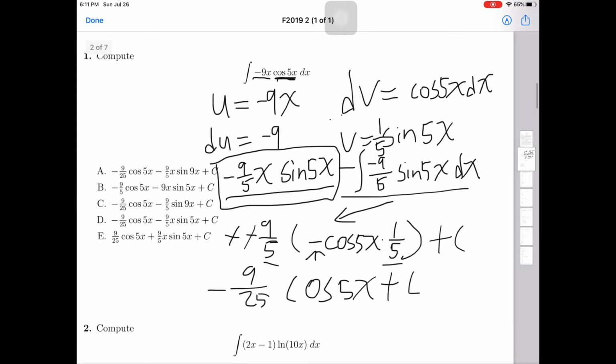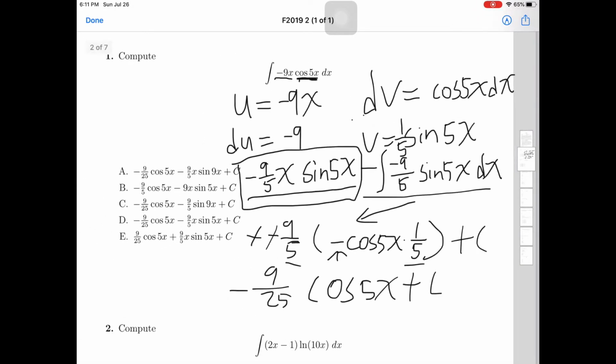So let's match the answers. It should be this one. It should be D, right? So both two negatives, x sine 5x. Yep.